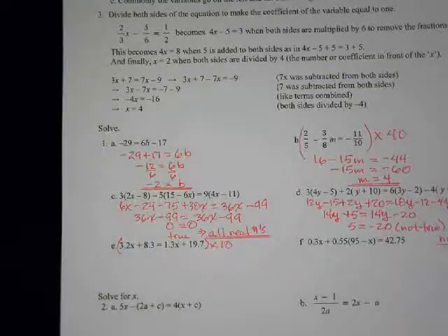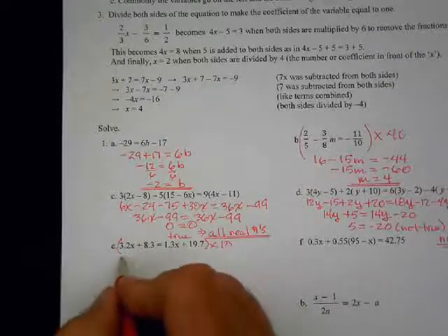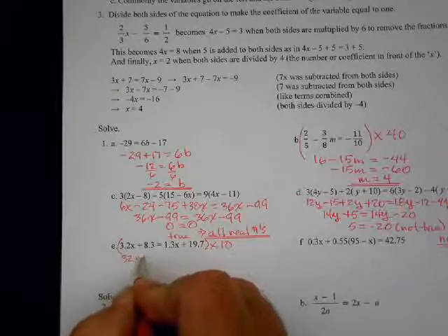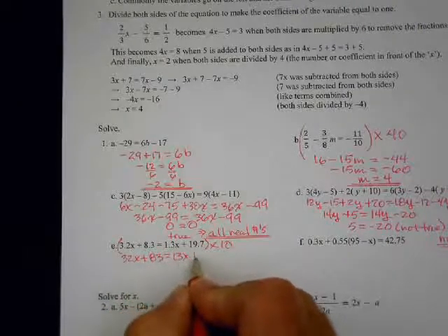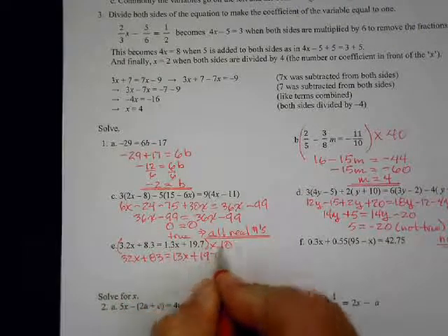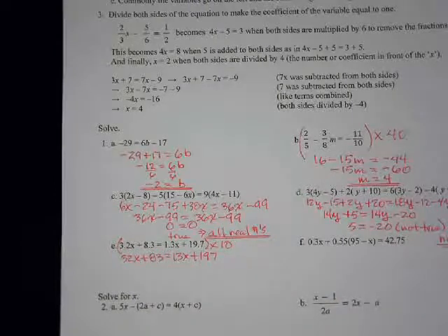It's just a step that can make the problem easier visually to look at. So multiplying everybody by 10 gives me 32x plus 83 equals 13x plus 197. Now again, it's not really different from what it was, but it can make things easier to look at without the decimals.